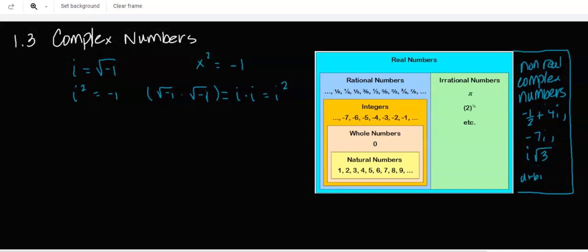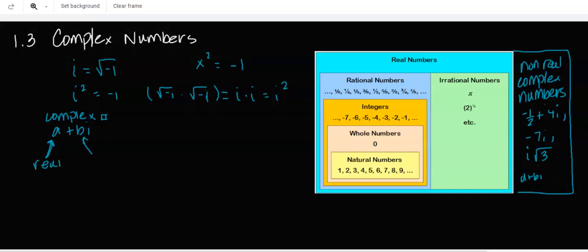All right, so complex numbers can be a mix of real and imaginary numbers. So here's my complex number. When it says standard form, that's what that means. We want to write it in a plus bi. Right, so a and b are real numbers. And a is the real number for the real part of the complex number.